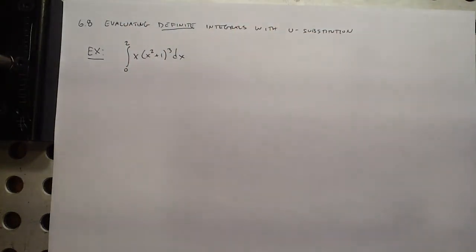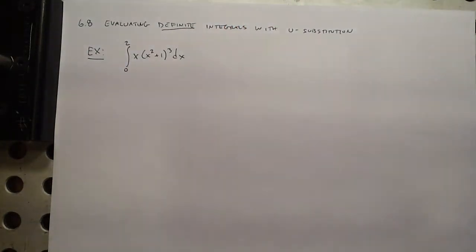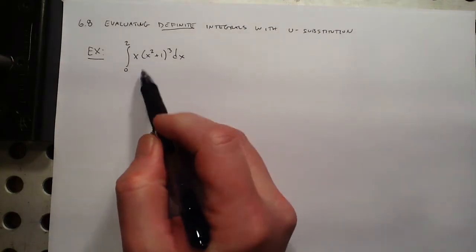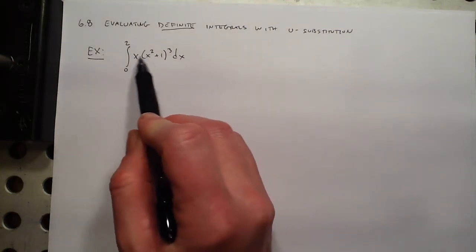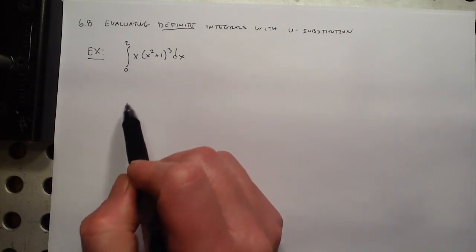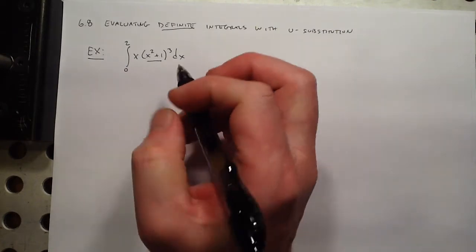So now, if you wanted to, you could think of this as an area, the area from 0 to 2 under this. We suspect that this is going to involve u-substitution because there are two pieces here, right? It looks like something popped out, and it looks like the what's inside.